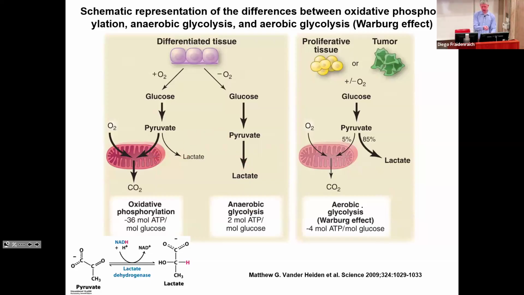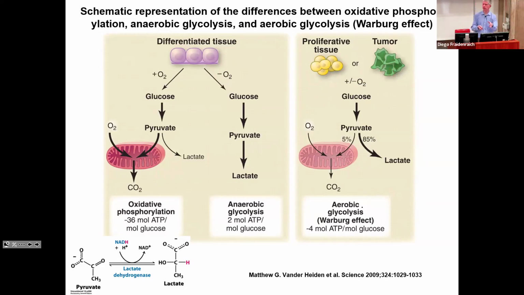Okay, so this is without the oxygen, but there is also an effect that you can observe in dividing cells, proliferating tissue, or in cancer cells. This is called the Warburg effect.